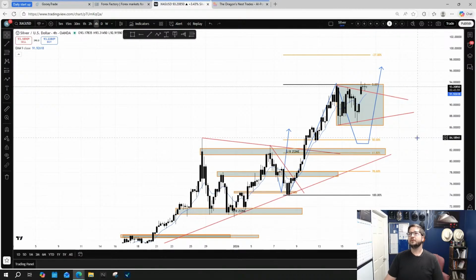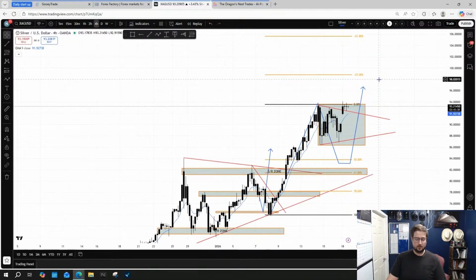Silver is looking very similar to gold as of right now. We had a huge gap up, and then price is now kind of consolidating at the all-time highs. I am still in the expectation that we're going to pull back just like gold. We're going to pull back, give us a nice retracement, and then continue further to the upside.